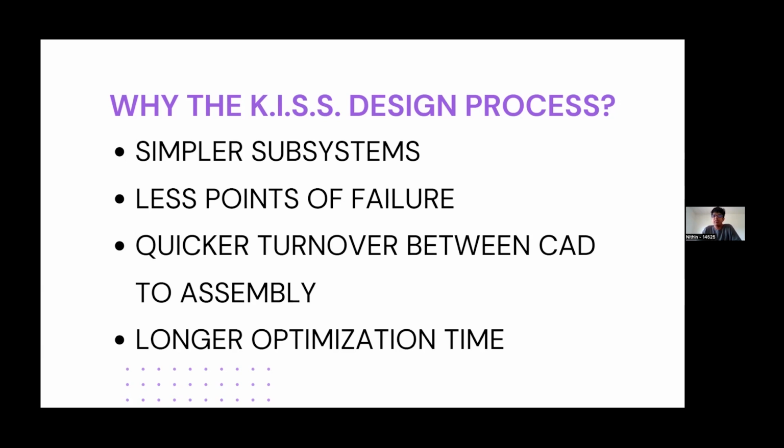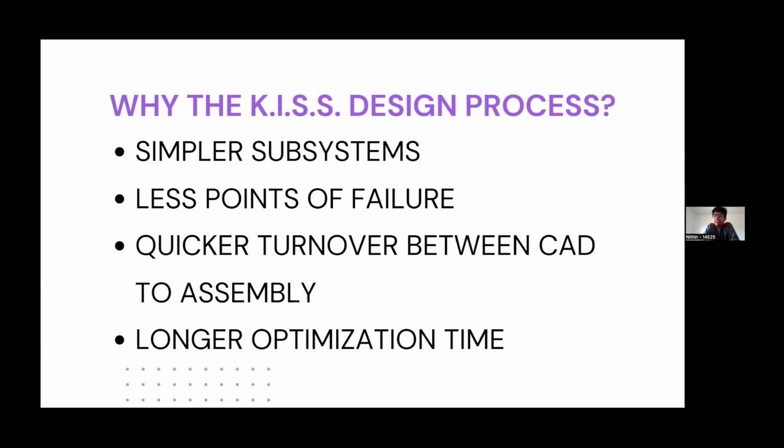Another really important point of the KISS design process is quicker turnover between CAD and assembly. This is really important in our Power Play season. This is something a lot of teams do around different regions: the league system.